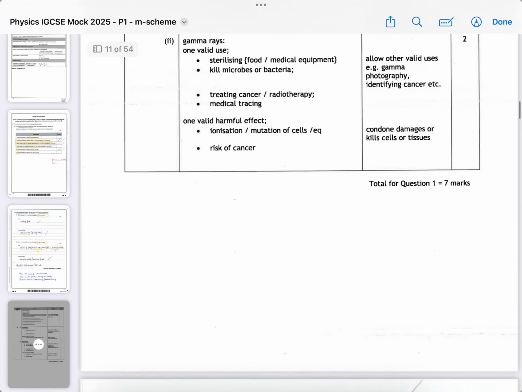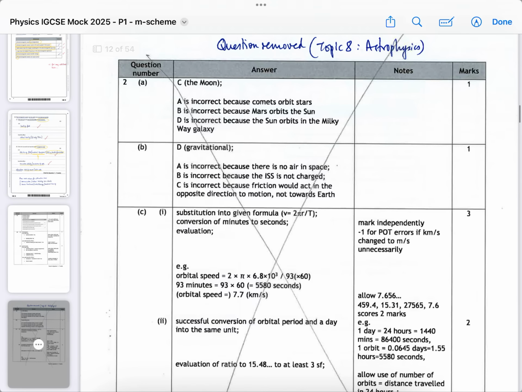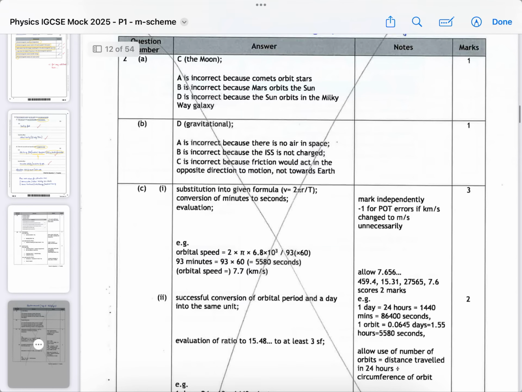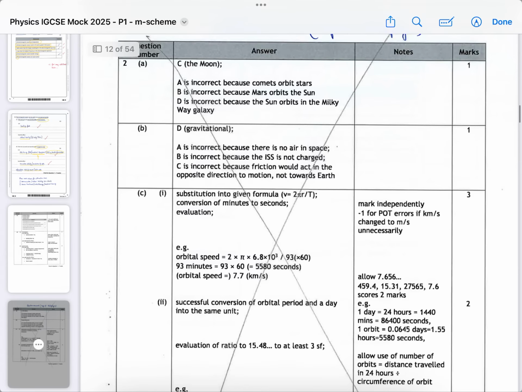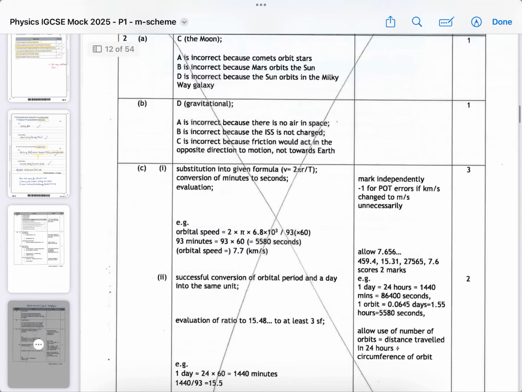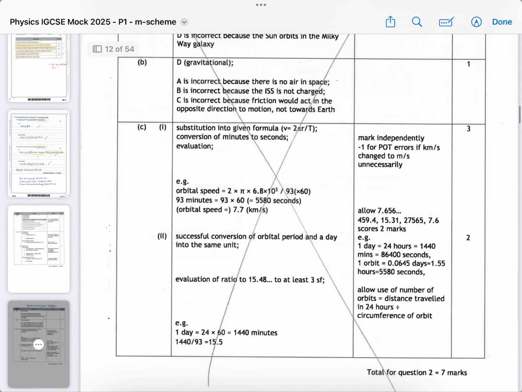Okay. This was a question I had to remove because my students haven't done astrophysics, so if you're looking at the summer 2023 paper and this question's in there, you can still look at the mark scheme. I haven't included the question in the paper for our students, but if you've got a paper and you want to use this video to correct your own, this is question 2 on astrophysics, a 7 marker.